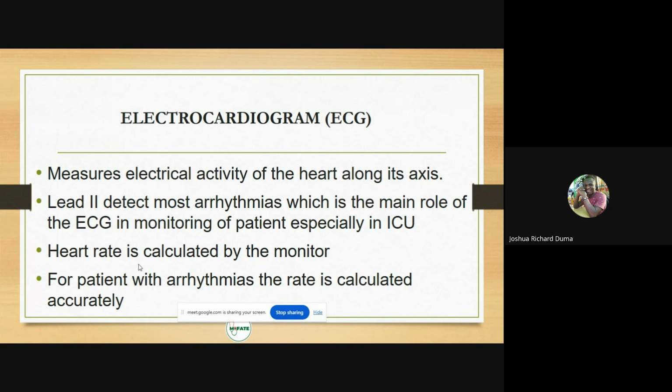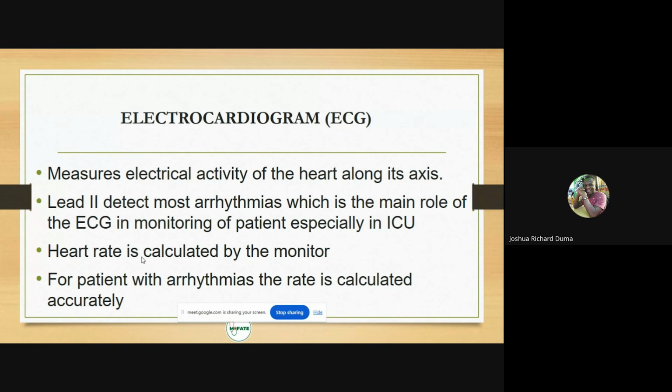First of all, ECG helps us in continuous monitoring. So what do we monitor in ECG? Continuous monitoring and observation of heart rhythms. Once a patient is connected to a monitor, we monitor heart rhythms. We monitor the electrical conduction of the heart.